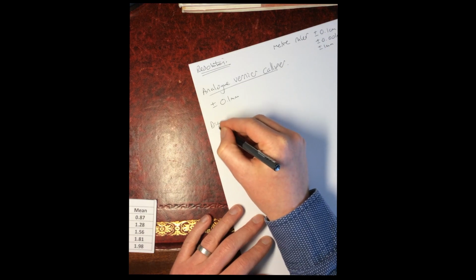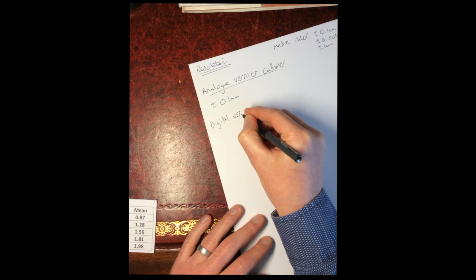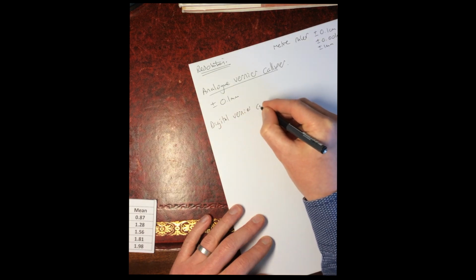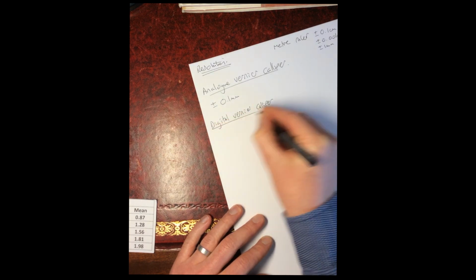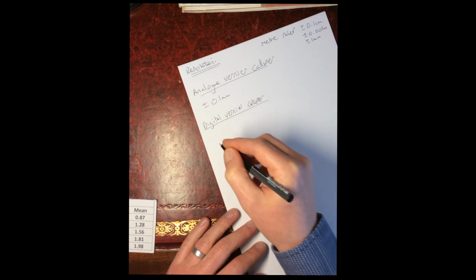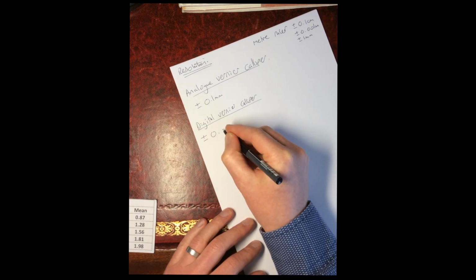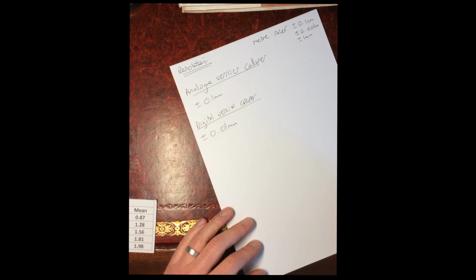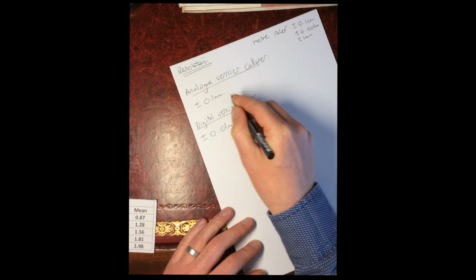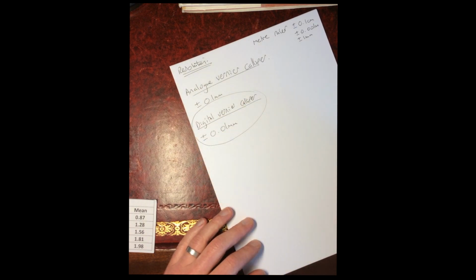A digital vernier caliper is able to read to an even higher resolution. This can read to plus or minus 0.01 millimeters. So this is able to read really small thicknesses.